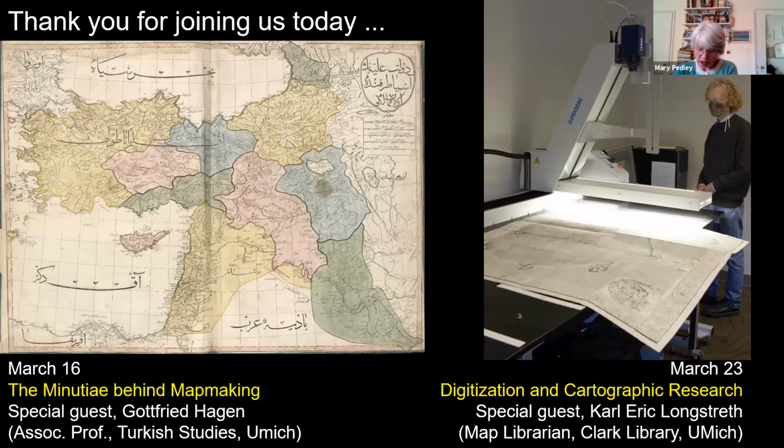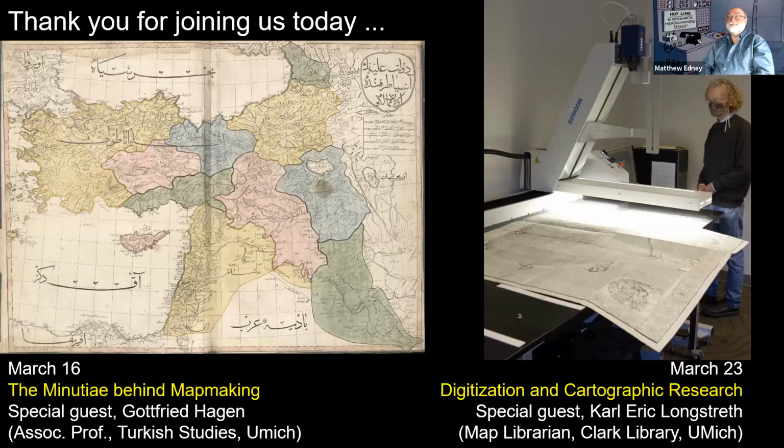And Matthew and I will talk about how digital illustrations and imaging have really helped research, what some of the challenges and problems are of using digital images in researching maps, and how it helped make this volume as attractive as it is and allowed us to choose details for the volume as easily as we were able to do. So we look forward to seeing you, I hope, on the 16th or the 20th, both of you, on the 23rd.